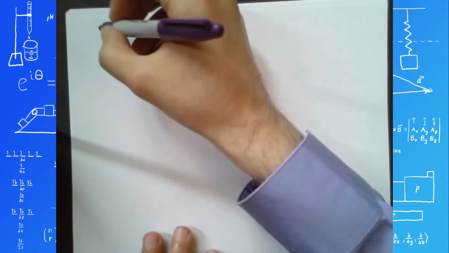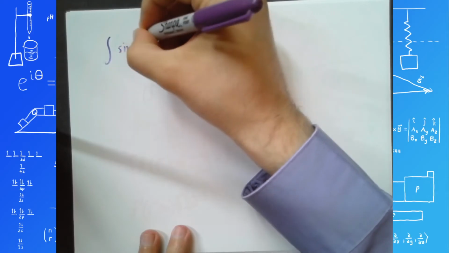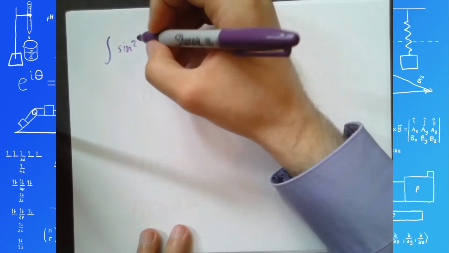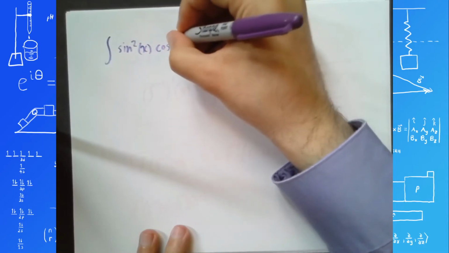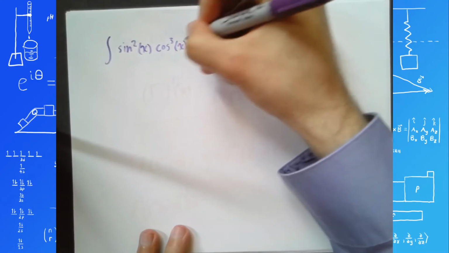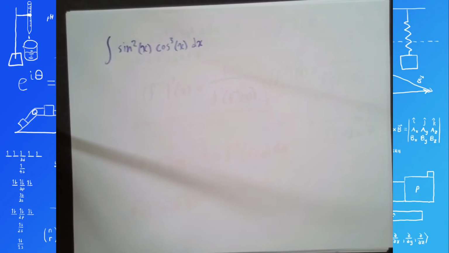So how would we integrate something like sine squared of x times cosine cubed of x? This is all about strategy, so if you've done enough of these, then you'll know what to do in the case of sines and cosines.